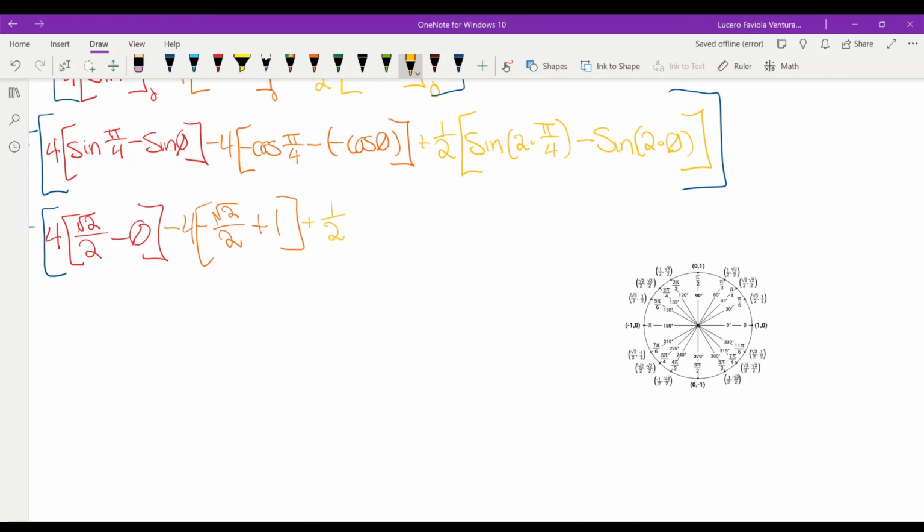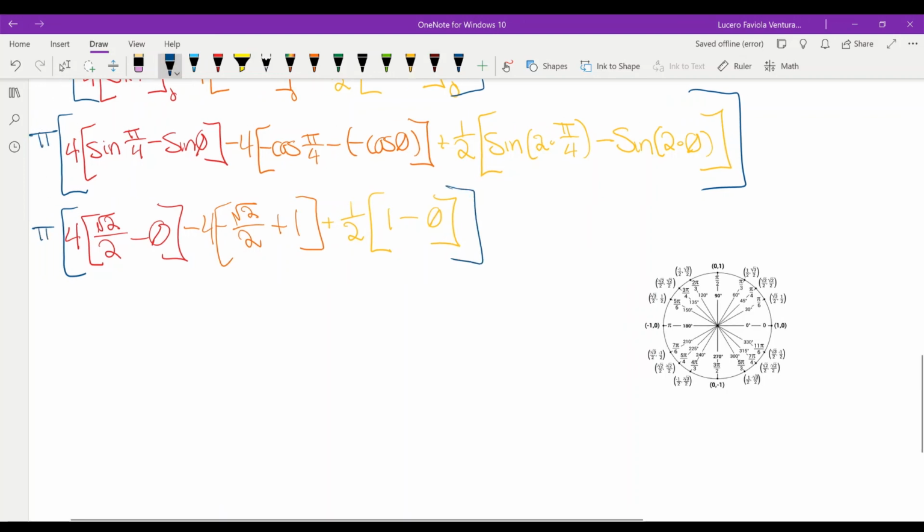Plus 1/2 times, and then we can simplify the 2 times pi over 4 to sine of pi over 2. And looking at our unit circle, we can see that that is equal to 1, minus sine 2 times 0 is 0.